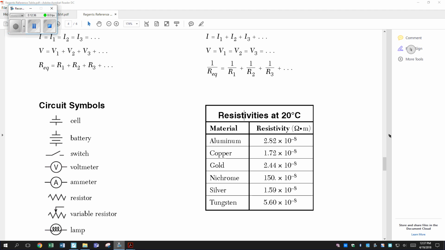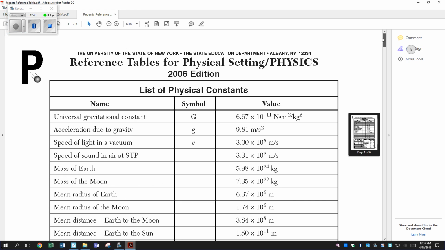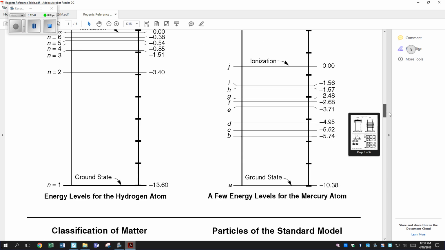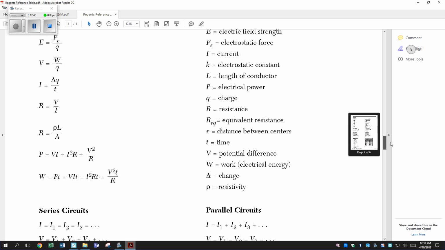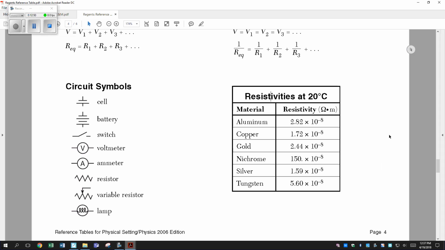Check it out. This is a page on the New York State Regents reference table for physics, and down here in the electricity section, look, a bunch of different resistivities at 20 degrees Celsius. So that's room temperature-ish, which also says that resistivity actually depends on temperature, which means that resistance depends on temperature.